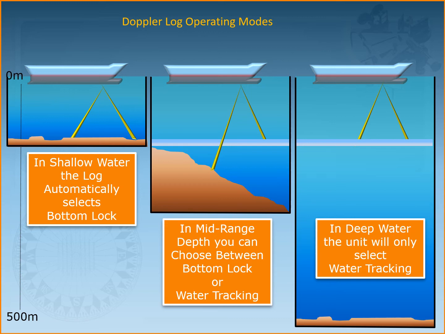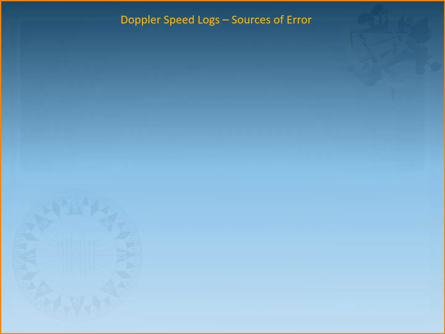In depths greater than 200 meters, the log must be operating in water track using the 20 to 30 meters reference layer. But for depths between 30 meters and 200 meters, the log can operate either in bottom track or water track. The choice remains with the operator.